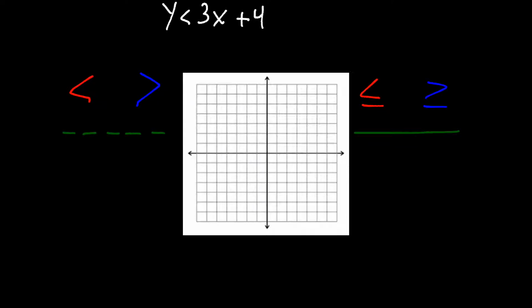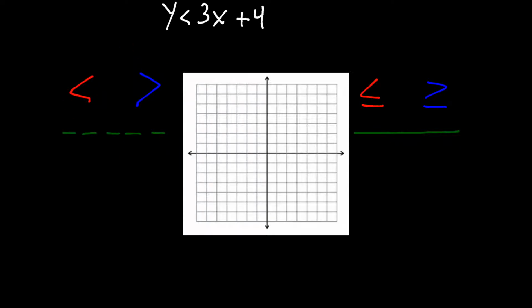That is very important to remember. So if it's less than or greater than with no line underneath, you are going to have a series of dashes creating your line. But if it's less than or equal to or greater than or equal to with the line underneath, you are going to have a solid line.